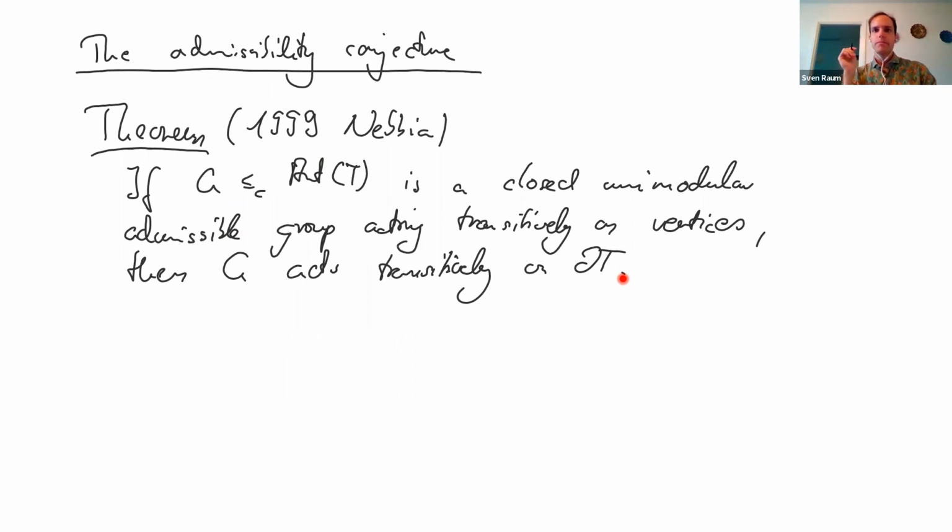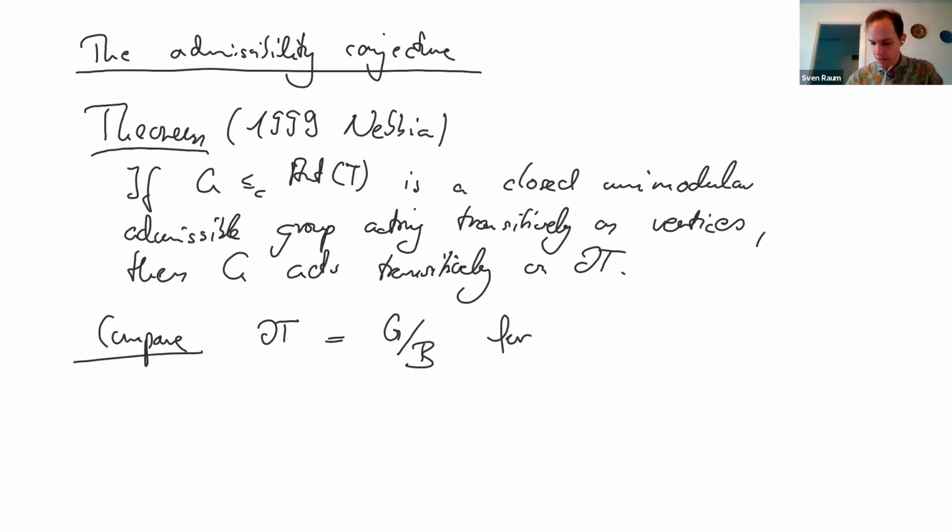Now, this should be put in a bit of a context. Compare the boundary of T. This is the same as G mod a Borel group for G equals PSL 2 Q_p and B the Borel group of upper triangular matrices.